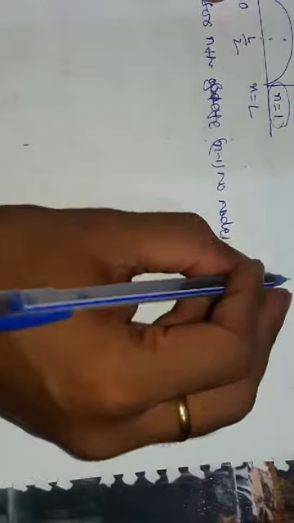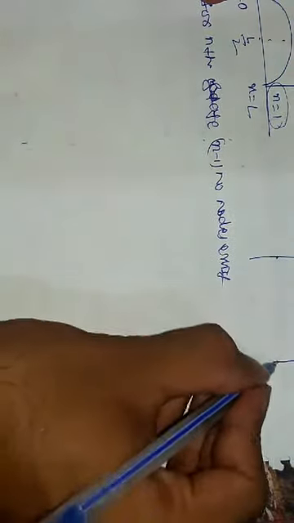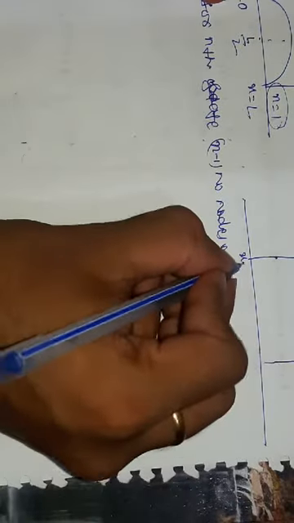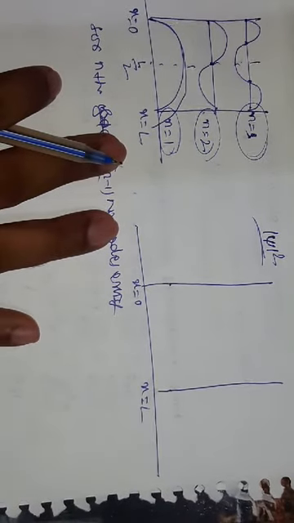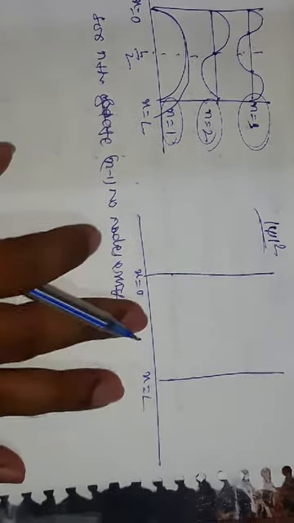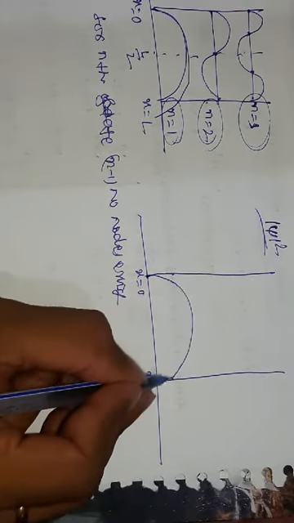Then the psi mod square, the probability density, has the important role here. So let us draw the probability density, x is equal to 0, x is equal to l. The probability density psi mod square here will be this type.